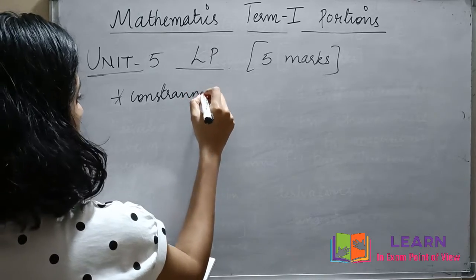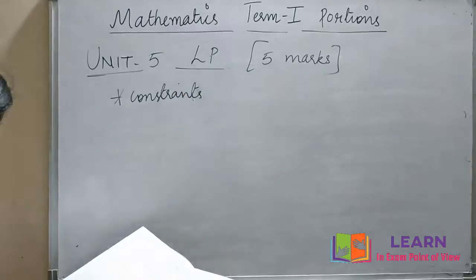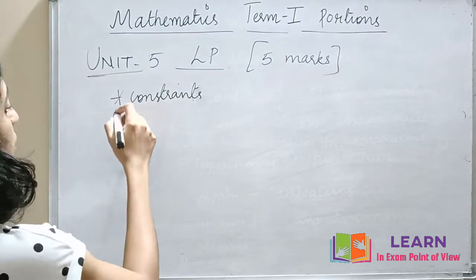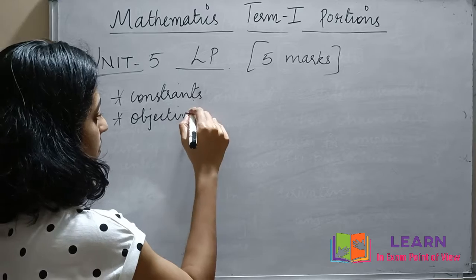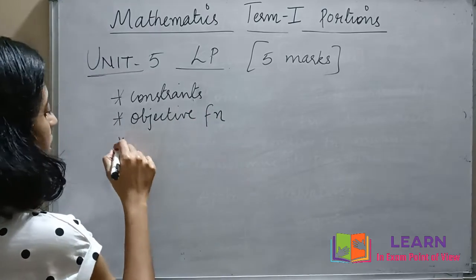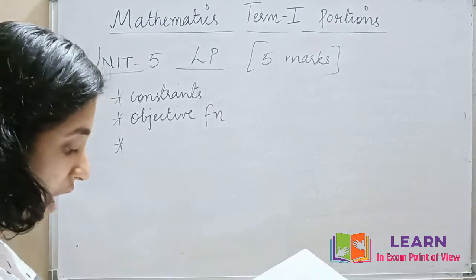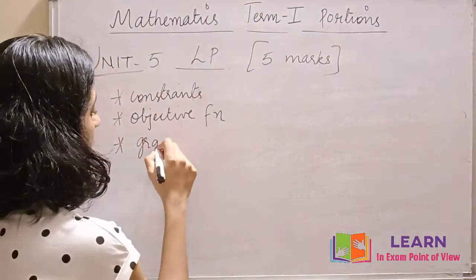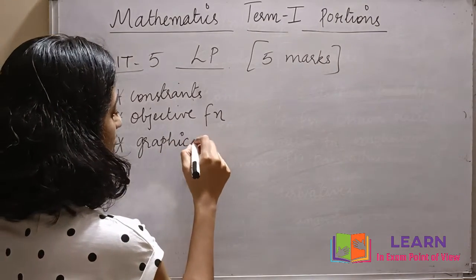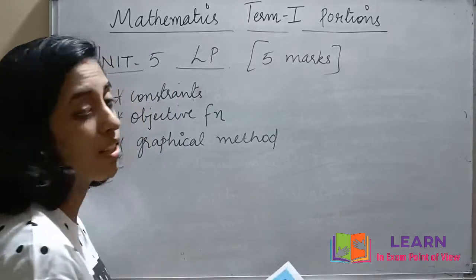Just terms you should remember. Constraints, then objective function, then optimization, then graphical method of solution. Using the graphical method you should know how to find the solution.